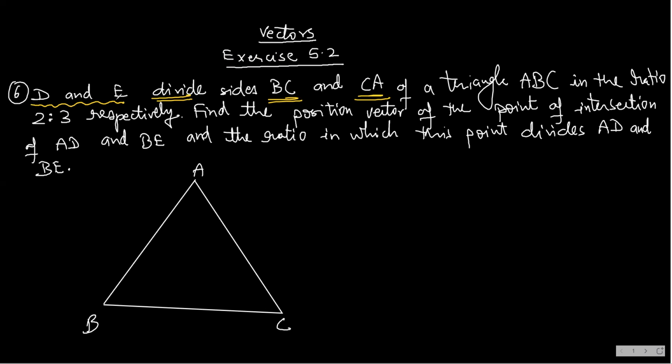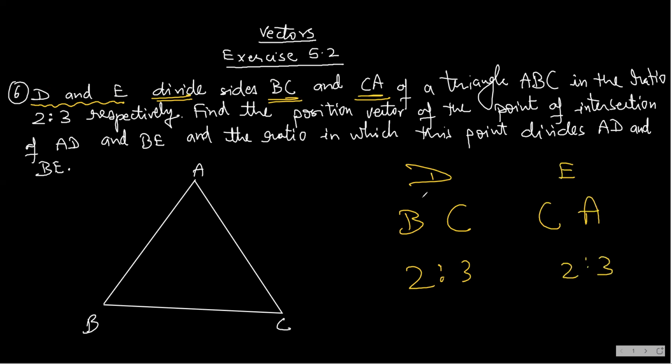How do they divide? They divide in the ratio 2:3 respectively. So D divides BC in the ratio 2:3. D divides BC, see the order, in the ratio 2:3, and E divides CA in the ratio 2:3. This is important.